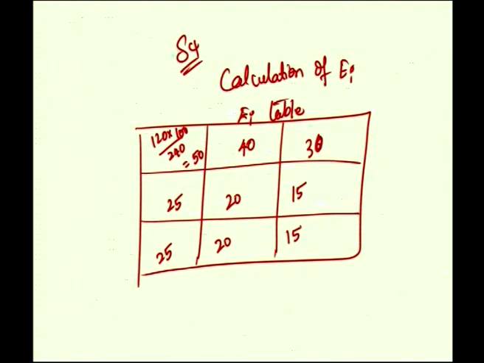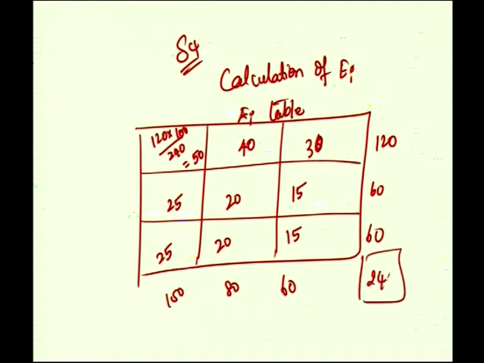Okay. So, just check the total. Total comes to be equal to same 120, 60, again 60 here. So, 100, 80, 60, which is 240.